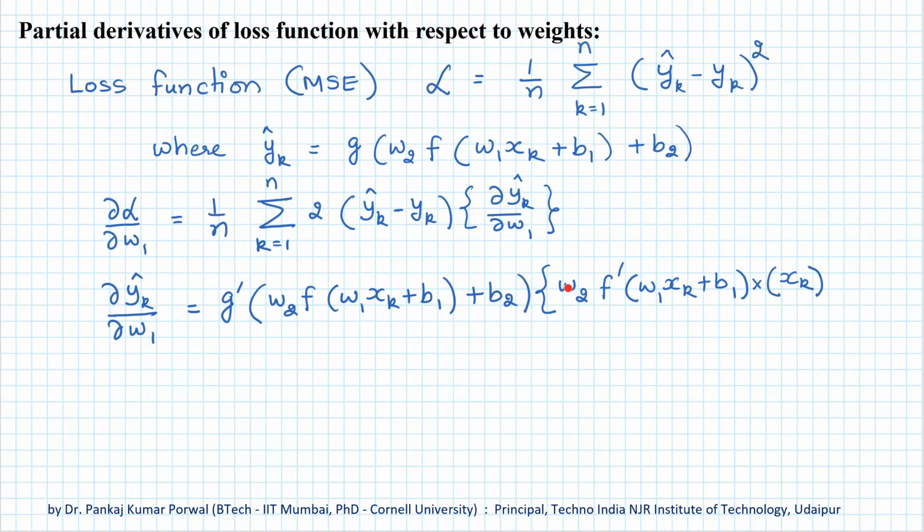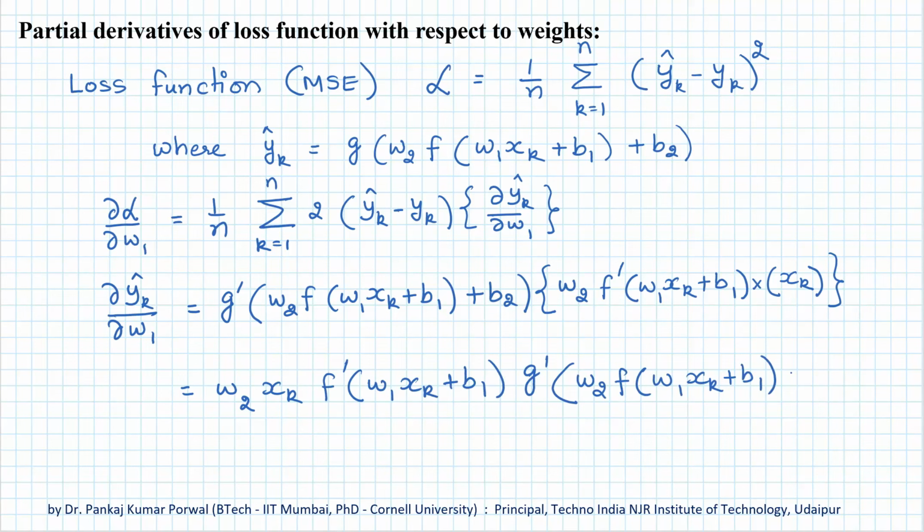Then there will be plus the partial derivative of B2 with respect to W1, but B2 will be treated as constant with respect to W1, so there will be a plus 0 term that I will skip. So this will be the partial derivative of yk hat with respect to W1.